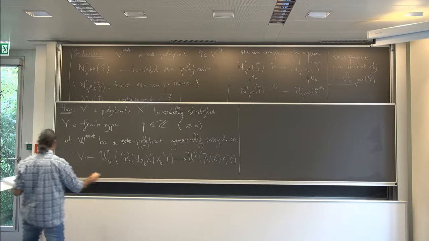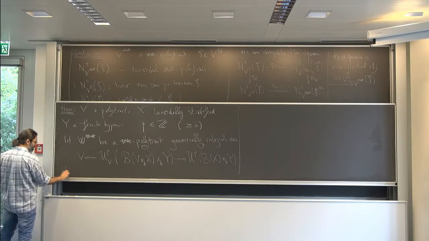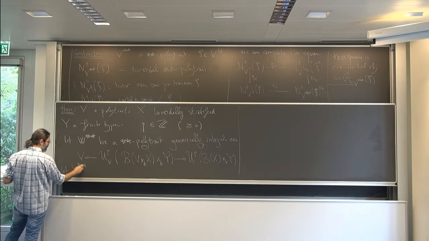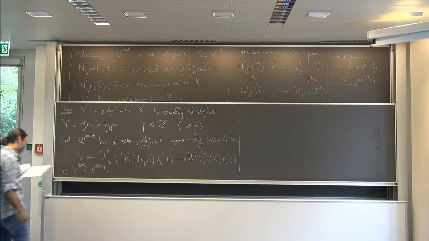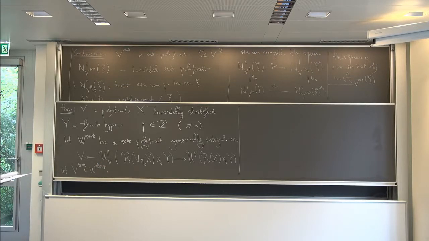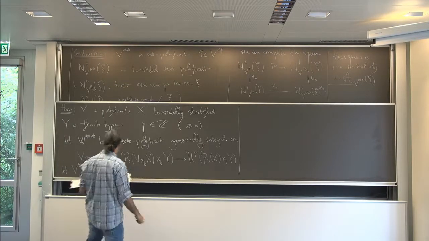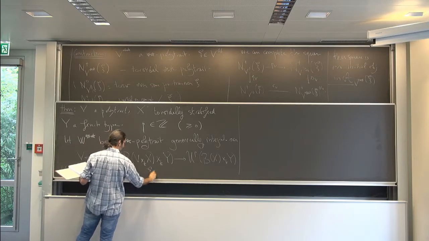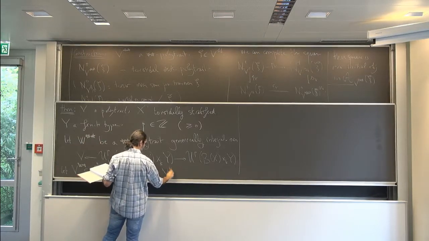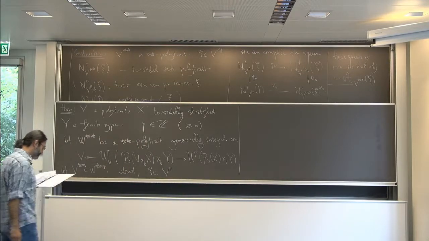Then also let V star star be inside W star star a closed polytray. Okay, closed. And then let's fix a point in V11. So now we have the following.